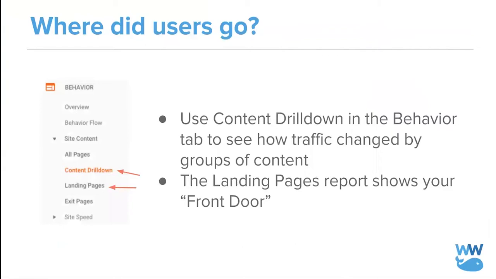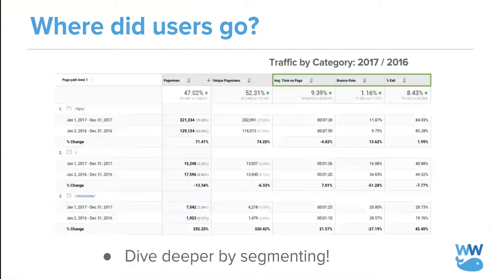You could also see your landing pages, which, as we'll touch on a little later, these are your front doors, so how people usually access your site, where they land. And you could draw some great insights from bounce rate and user engagement with those pages into how users are engaging with the content you provide and what content is resonating best.